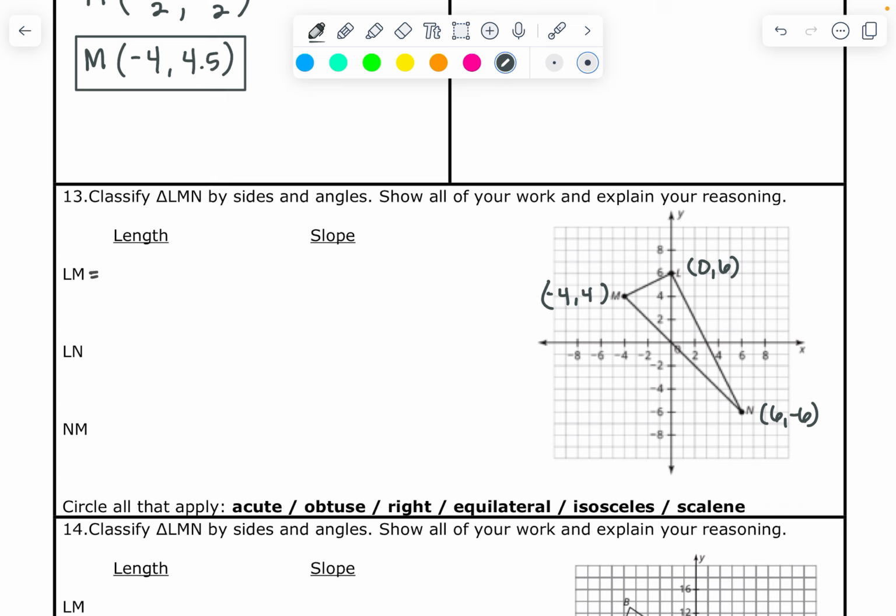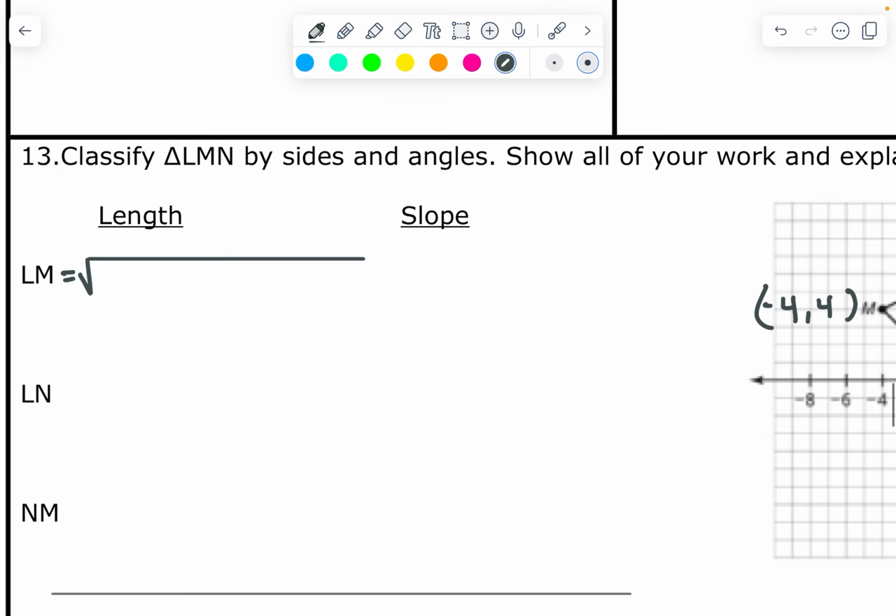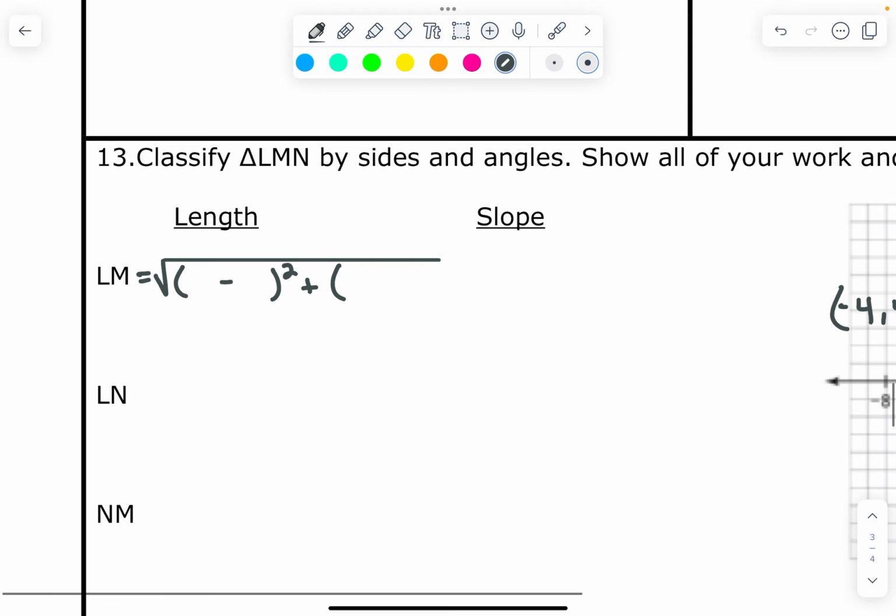To find the length of LM, we're going to have to use the distance formula. We've got the x's that we need to subtract first, and then the y's we need to subtract second.